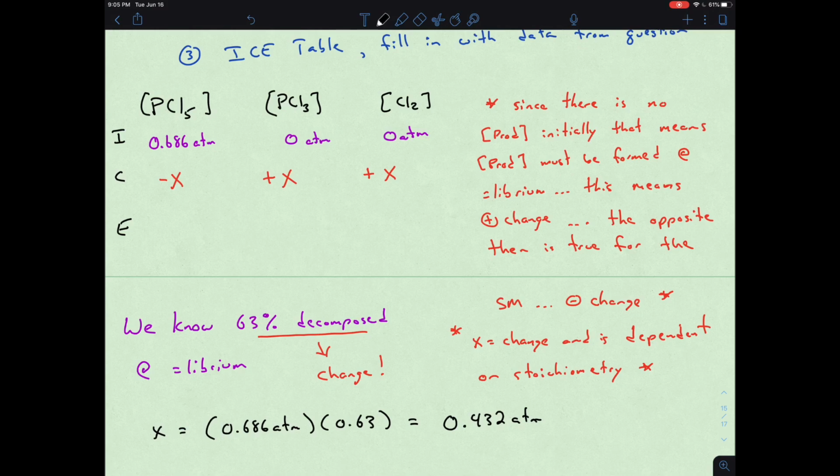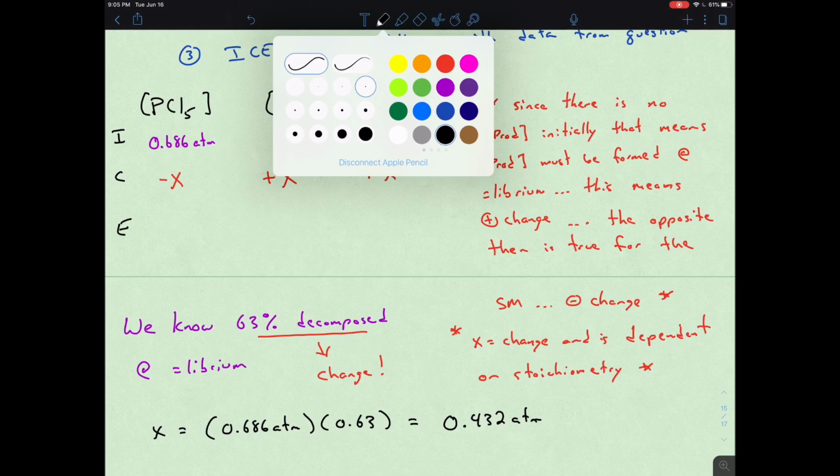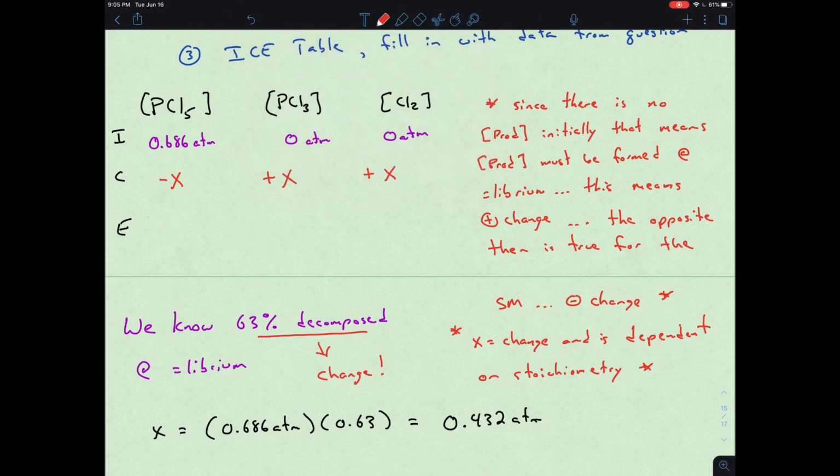So that means I would have up top here a minus 0.432 atmospheres. Then I would have plus 0.32 atmospheres for the other X values.